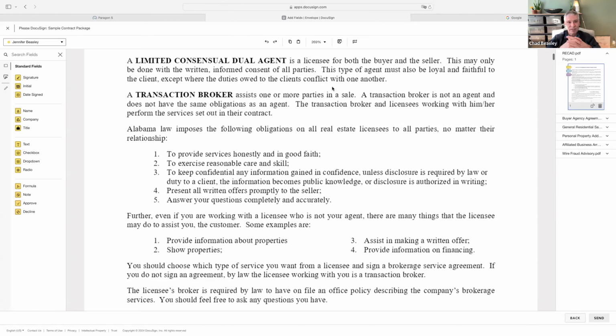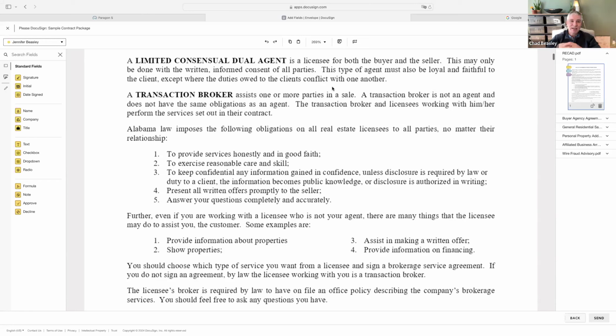I use the example a lot of times, if I'm the buyer's agent, and I find out that the seller is just in a bad situation and they're willing to let this house go and they'll sell it for $20,000 less than the asking price. Well, unless that seller has authorized me to share that information, I have to keep it to myself, because technically I'm representing both sides in that, and I can't disclose that confidential financial information.